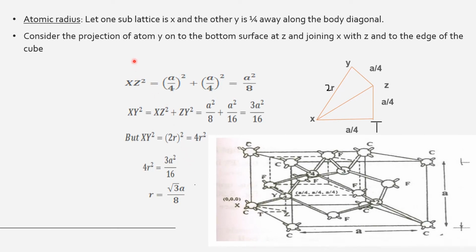Now we will find the atomic radius. We'll consider the projection of atom Y onto the bottom surface at Z. So this is the projection of Y falling on the bottom face at Z, and joining X and Z. So this small part is indicated here.